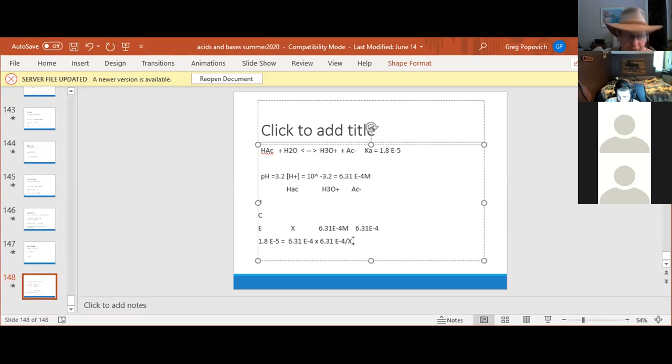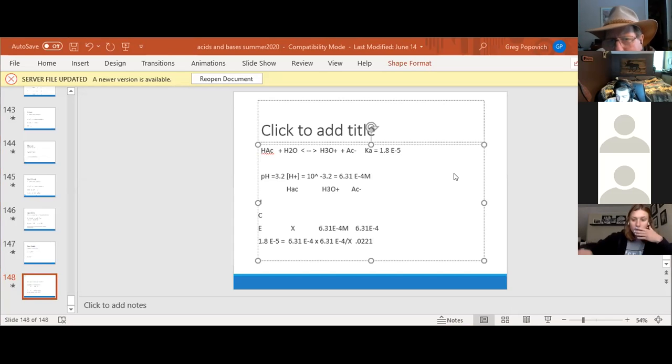And I get 0.0221. And the value when you square 6.31 e to the negative 4th was 3.98 times 10 to the minus 7.